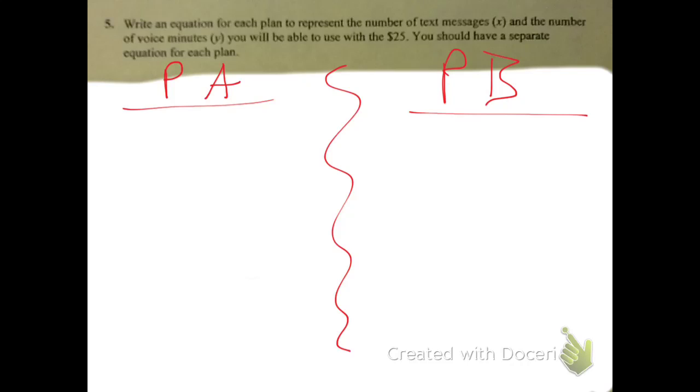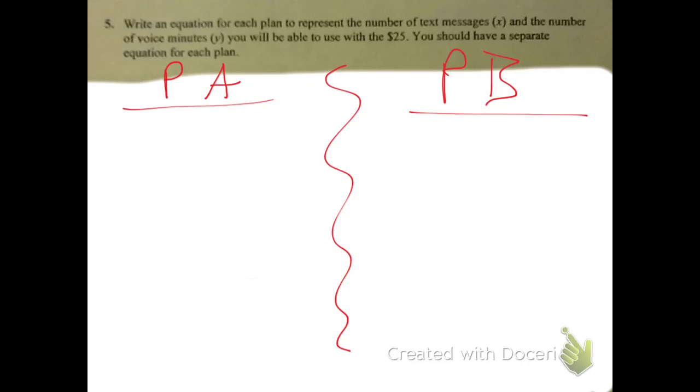So once again, with this equation building stuff, you have to think about the situation and how the numbers relate to each other. Both of them, no matter what plan you're using, you're going to get up to 25 total. You notice how it only has two variables, the x and the y, and it really doesn't say write an equation that describes the cost.